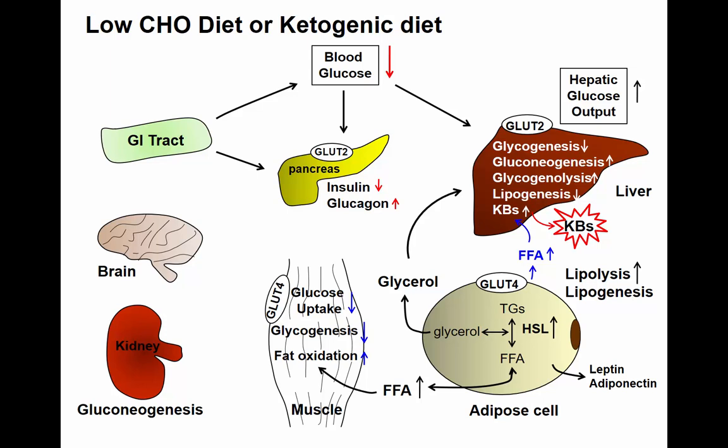The first priority is that the body wants to maintain blood glucose level. So something happens in the liver because of the lower insulin and higher glucagon: glycogen will be broken down and release glucose to the circulation, and gluconeogenesis will also be increased, right?